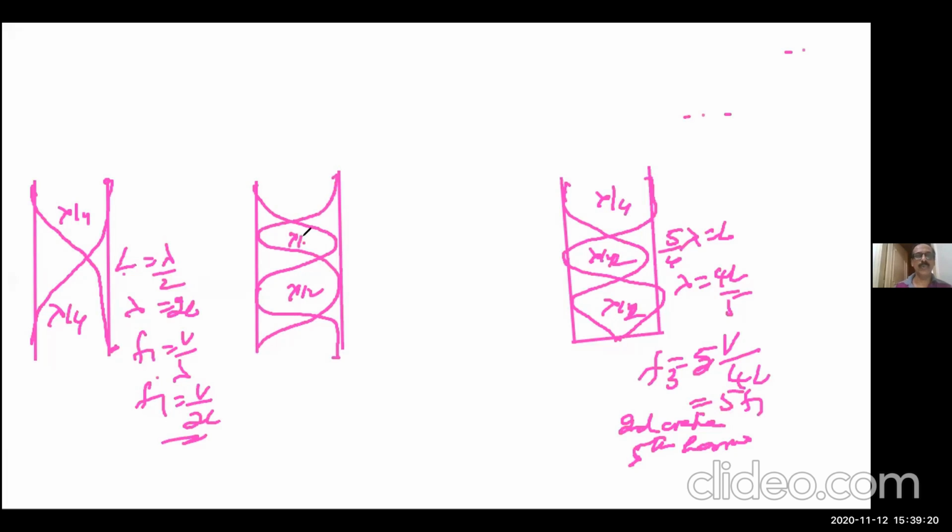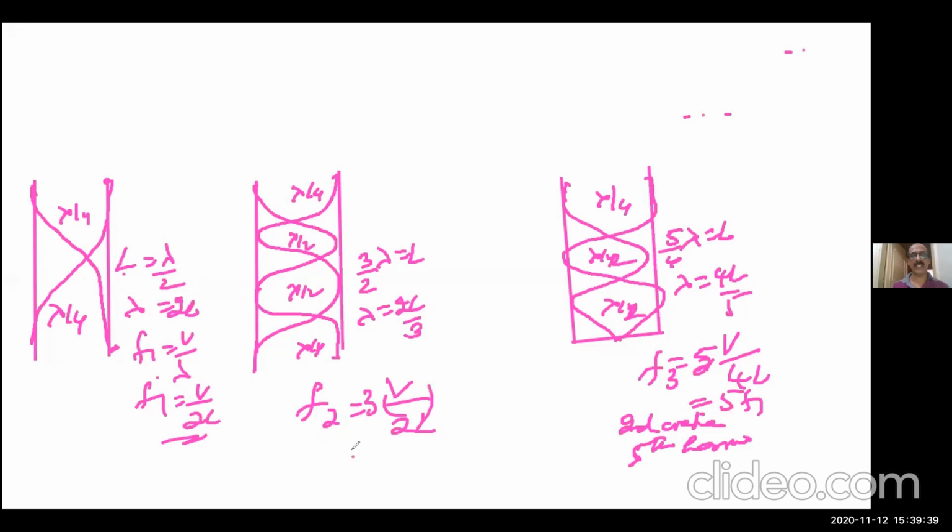Lambda by 2, lambda by 2, lambda by 4, lambda by 4. So this is 1, 1.5. 3 by 2 lambda is equal to L. Lambda is equal to 2L by 3. Then F2 is equal to V by 2L by 3.